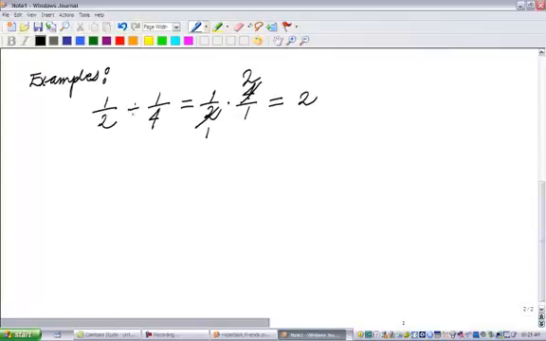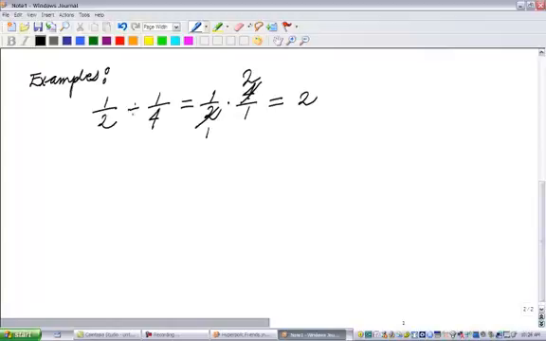So what is left is 2. Is that making sense? When you are multiplying fractions, you can do this, but it cannot be done for addition. Only for multiplication can you cancel out common factors, meaning you can divide the numerator and the denominator by the same number. So I divided 4 by 2 and the denominator 2 by 2. What's left here is 1, and what's left here is 2.